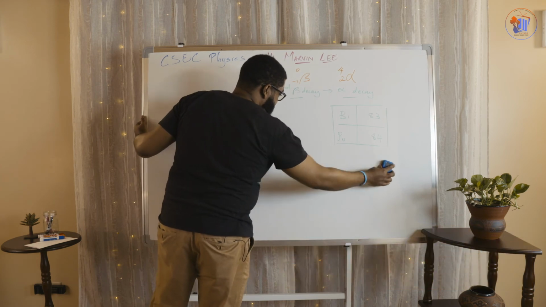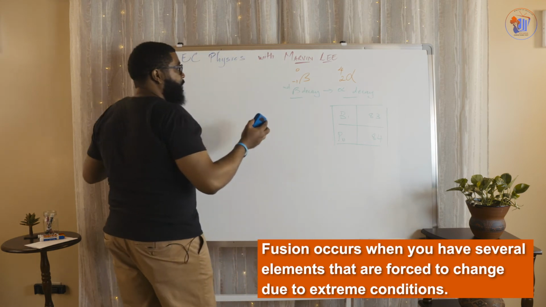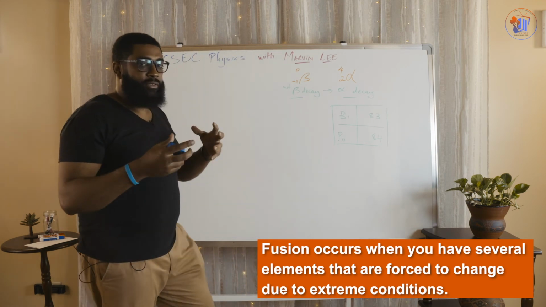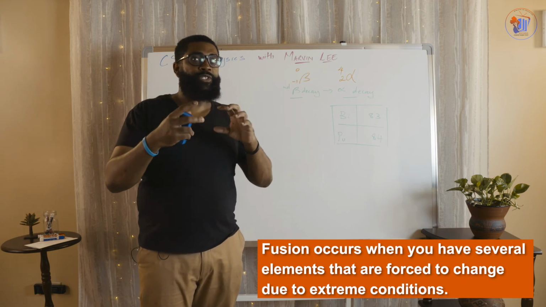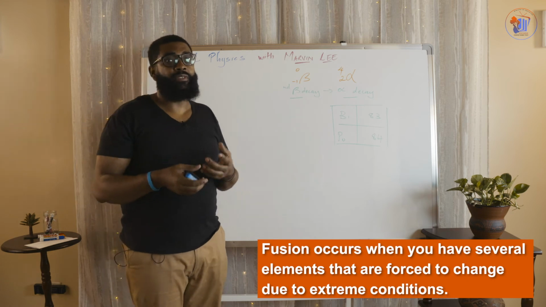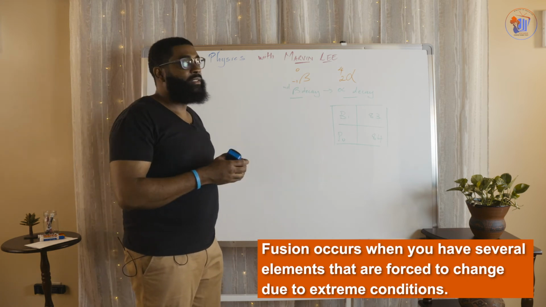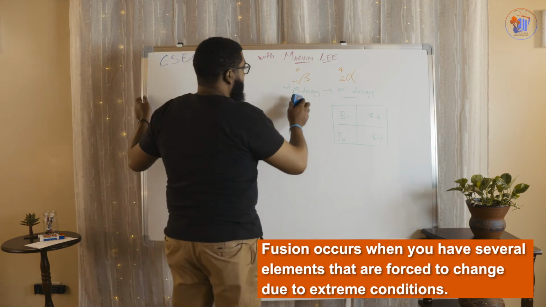Fusion is a bit more difficult. I'm sure you've heard of the term cold fusion. Fusion occurs when you have several elements that are essentially combined, mixed, forced to change based on extreme conditions of pressure and temperature. The sun is a fusion reactor. I'm sure you understand the concept of extreme temperature when you think of the sun.